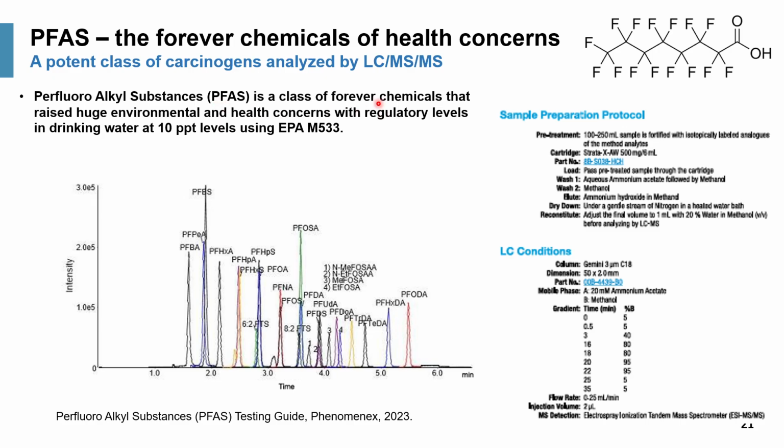They have different levels of carcinogenicity depending on some of the polar end groups. The regulatory level in drinking water is particularly low, 10 ppt, which stands for parts per trillion, using EPA method 533 with triple quad detection.